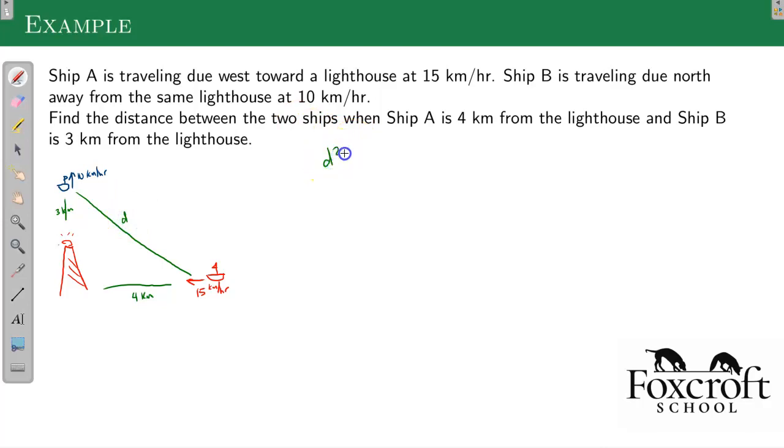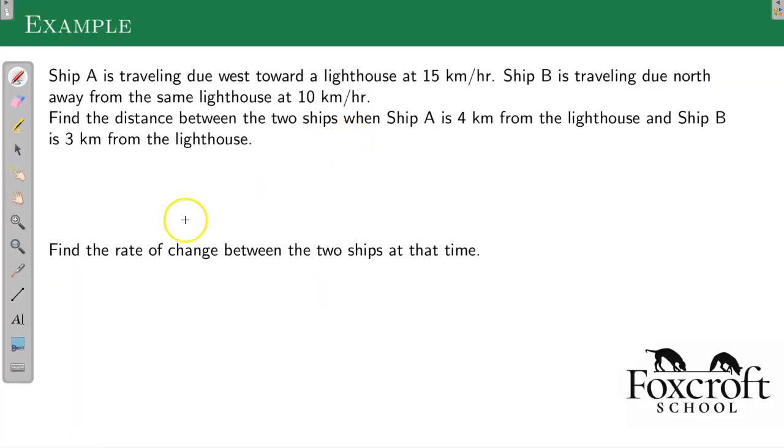We know that d squared is 3 squared plus 4 squared, which is 9 plus 16, which is 25, which is plus or minus 5 when you take the square root, but negative distance doesn't make sense in this scenario, so they're 5 kilometers apart at this time. This will end up being useful in the actual related rate problem, which is to find the rate of change between the two ships at that same time.